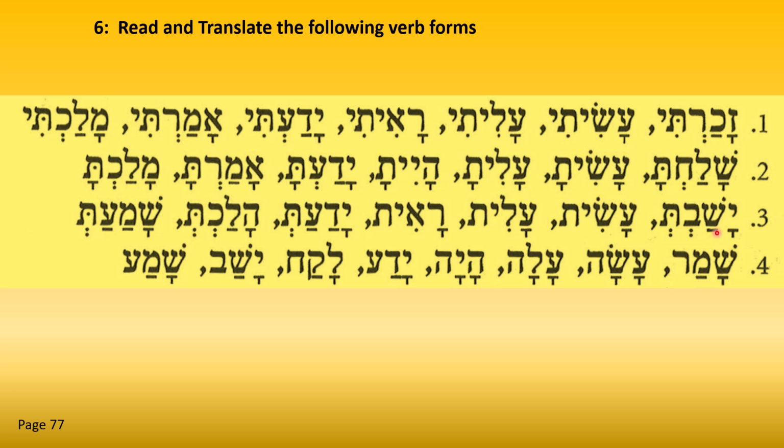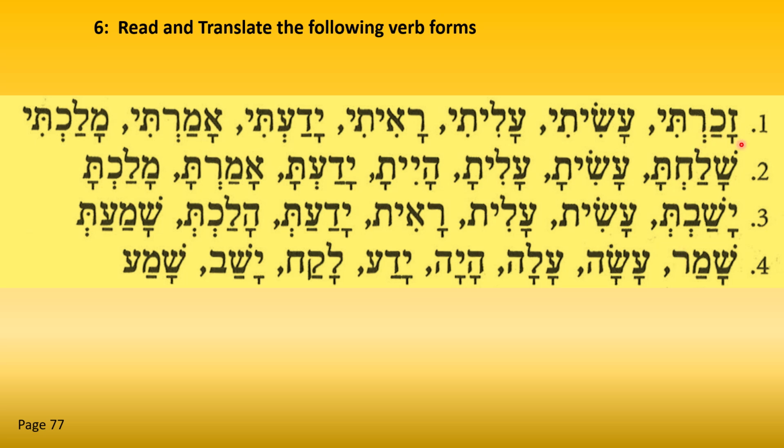This exercise is always a good one to help you recognize the forms of the verbs and listen for the rhythm as we go through it. As often with these exercises, you have one pronominal ending here for each of the different verbs. So you're dealing with I, you, you feminine, he, etc.